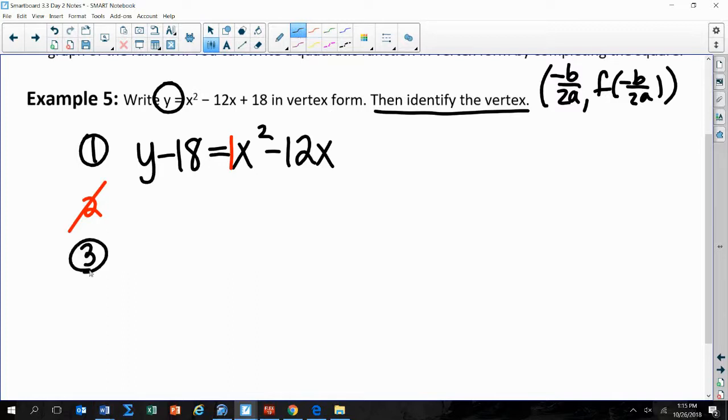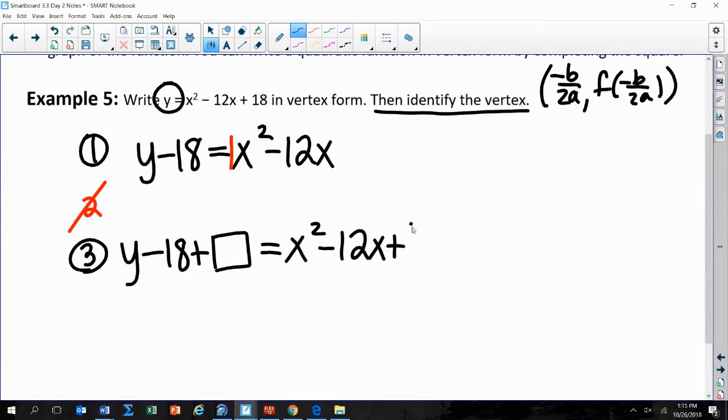Step 3 says complete the square on the side of the equation with the x squared and x term. So that would be this right-hand side. See how the right-hand side has the x squared and x term? I'm going to have y minus 18 plus box equals x squared minus 12x plus box. We want to complete the square on this side of the equation.